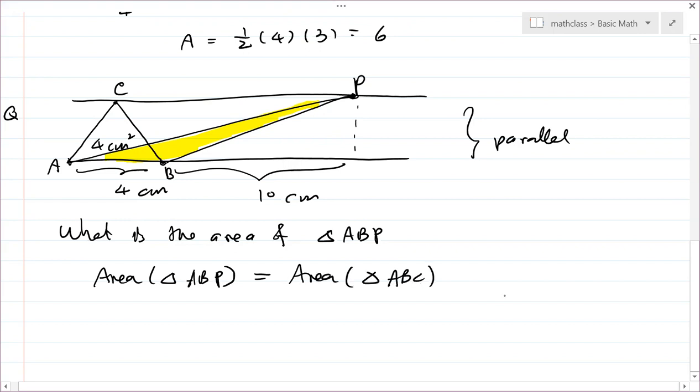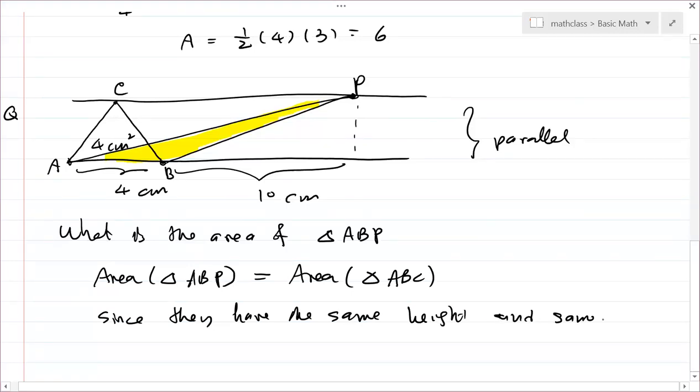Why are they equal? Because they have the same height and the same base. Okay, this is a complete solution.